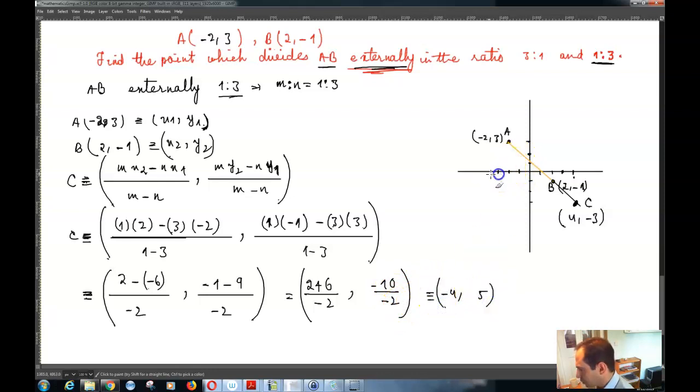So negative 4, comma 5 would be some point over here.